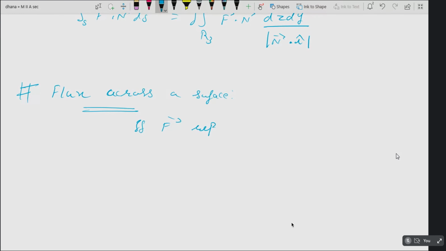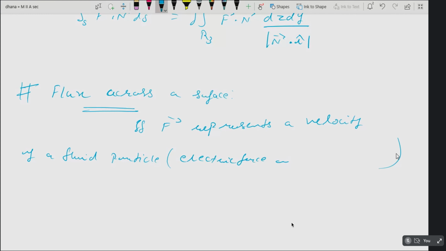If f bar represents the velocity of a fluid particle, accordingly the meaning changes. So here I am talking about flux. Since I am talking about the flux, my f bar will be the velocity of a fluid particle. Or it can be some electric force. It can be magnetic force.